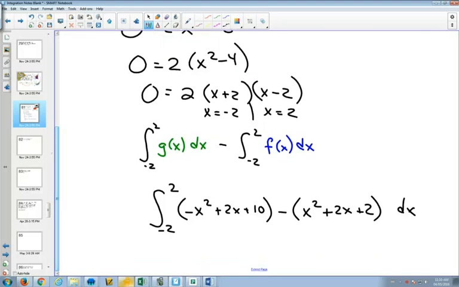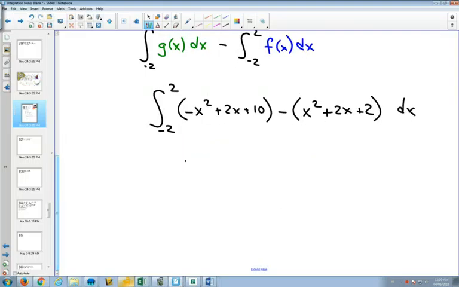And instead of integrating right away, it makes sense to simplify this as much as we can. So we're going to get -2x squared, 2x minus 2x is 0, 10 minus 2 is 8, dx.